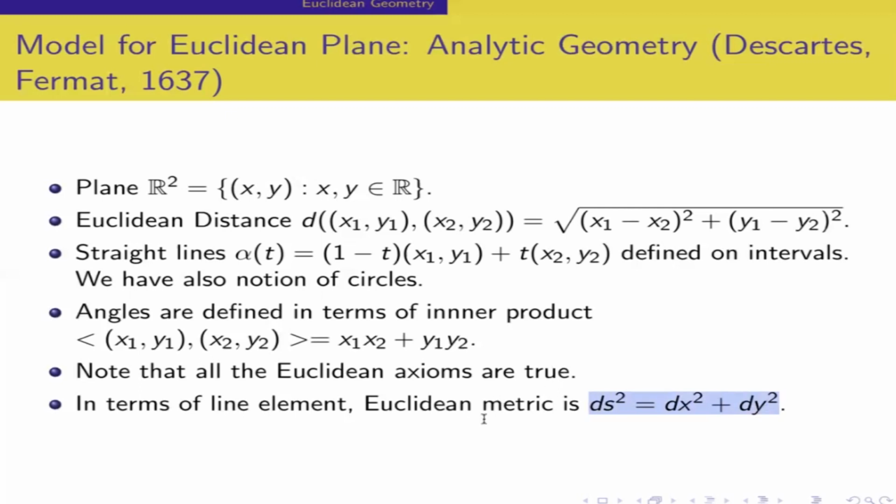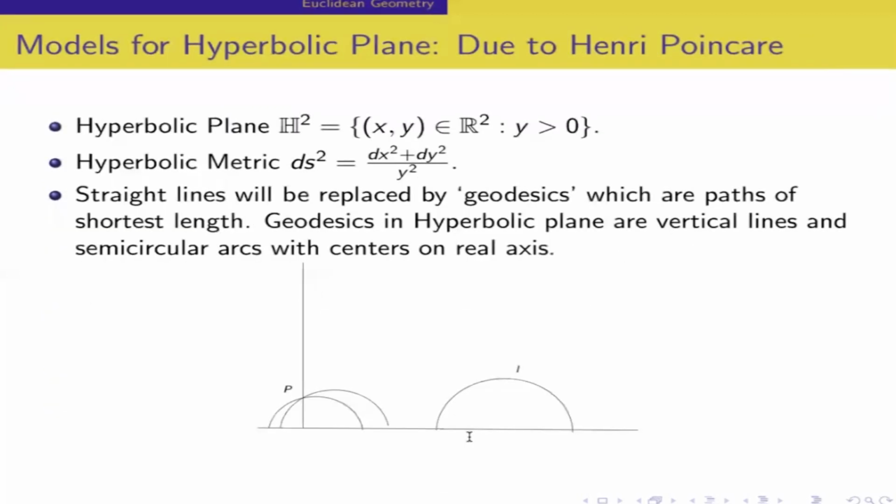So given this formula, you can compute the length of any differentiable path in this Euclidean plane R2. Okay, so now we have given a model for the Euclidean plane, and now we will produce a model for the hyperbolic plane, where the axioms of hyperbolic geometry will hold. You start with the upper half plane.